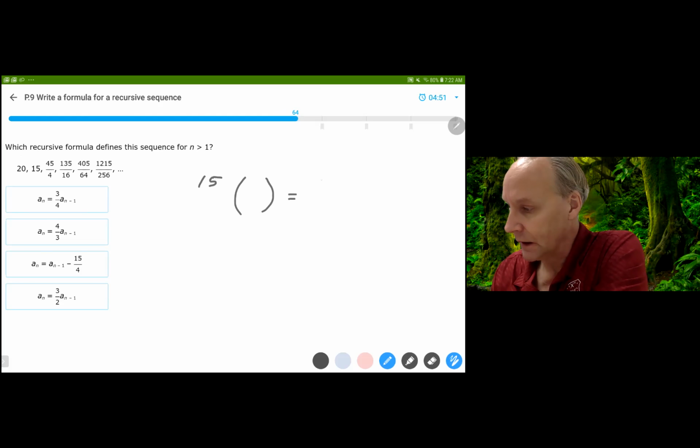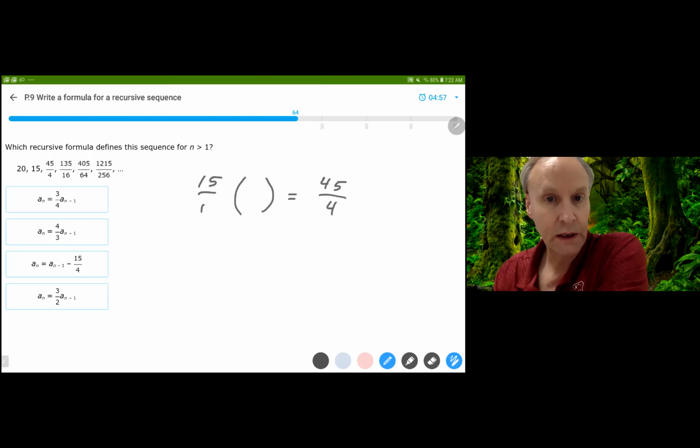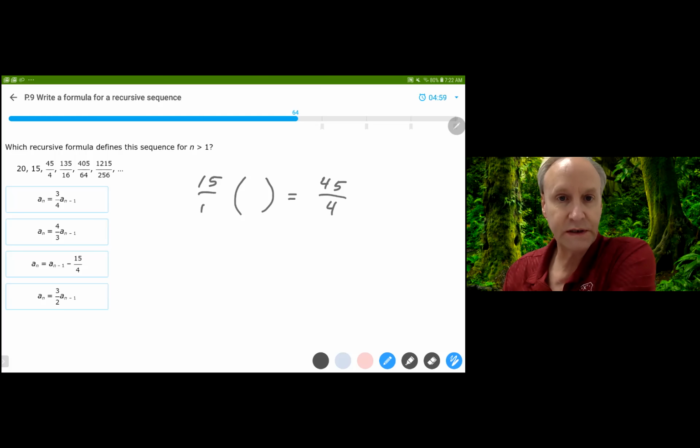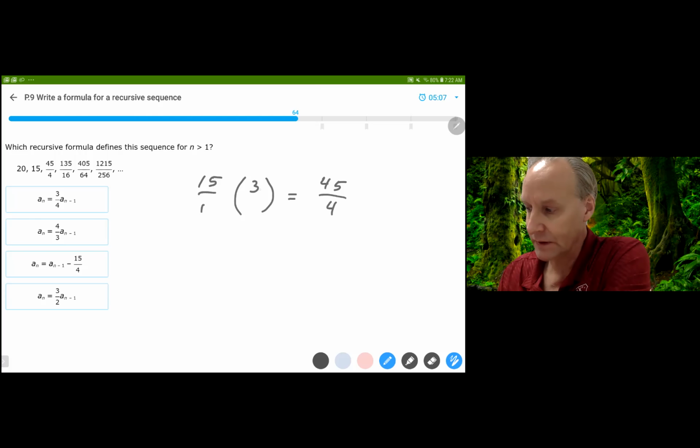And I get 45 over 4. Well, 15 is really 15 over 1. So the question is, what did I multiply by to get the 45 over 4? And in this case, I multiplied by 3 in the numerator. 15 times 3 is 45. And I multiplied by 4 in the denominator.